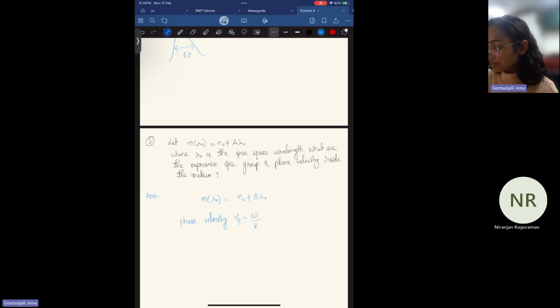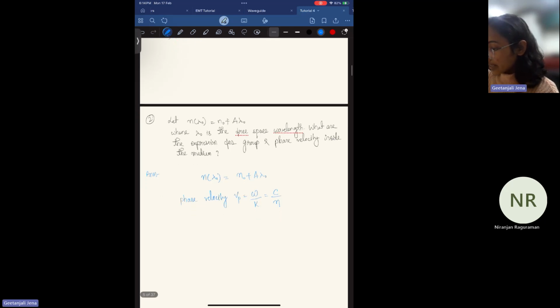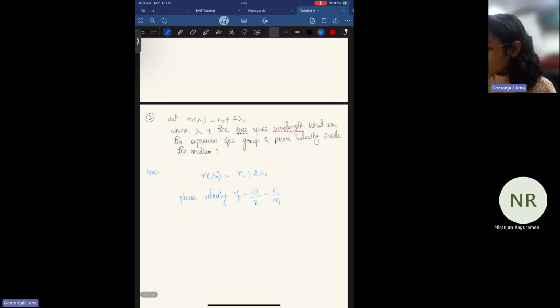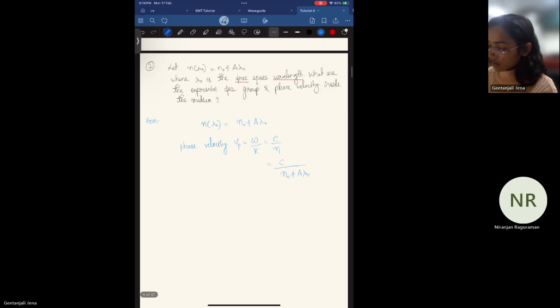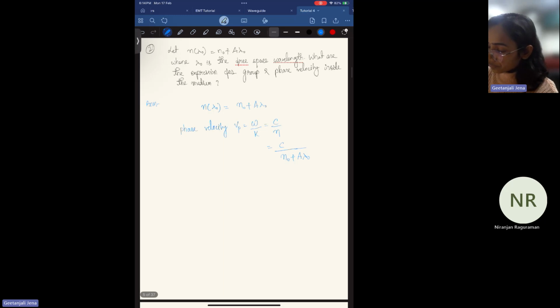And you can also write it as c by n, the speed of light in vacuum divided by the refractive index of the medium. And n is already given, so this will be c by n0 plus a lambda 0. So we have the phase velocity, which is c by n0 plus a lambda 0.